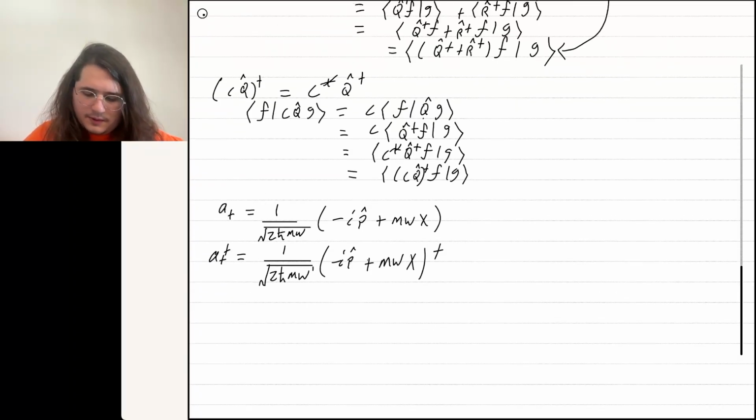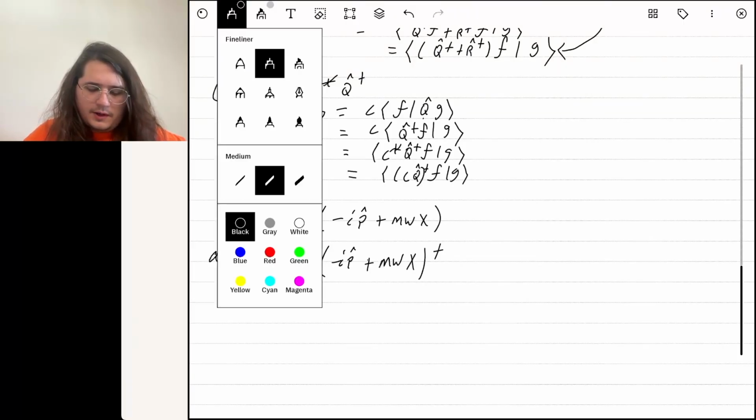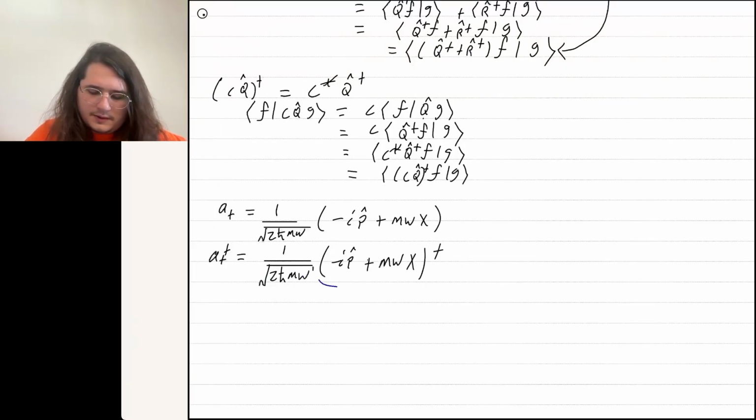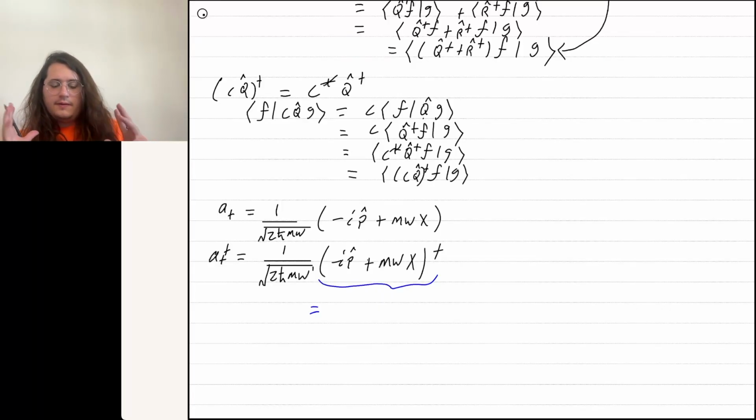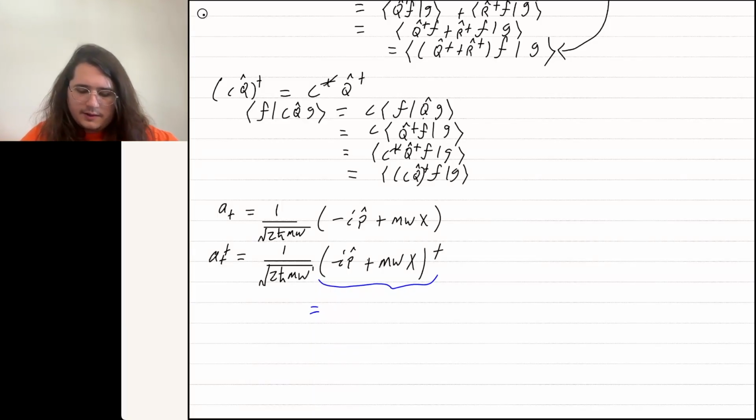So I'm just going to hone in on this because this is the important part. We know that if you have the Hermitian conjugate of two summed operators, then it's just the sum of the conjugated operators, right? So it's the Hermitian conjugate of minus i p plus the Hermitian conjugate of x.